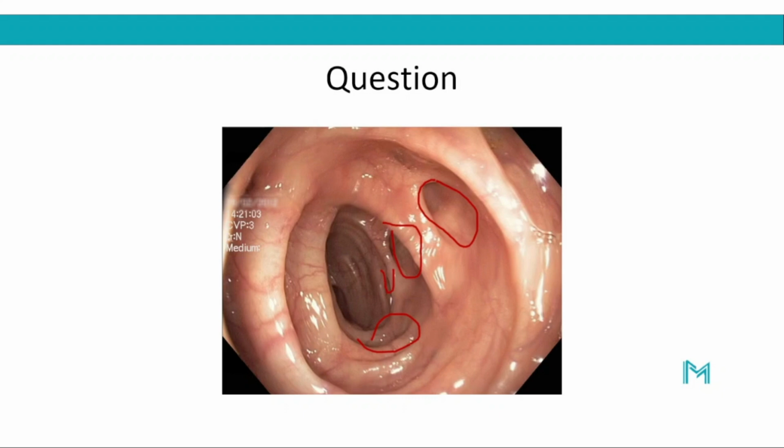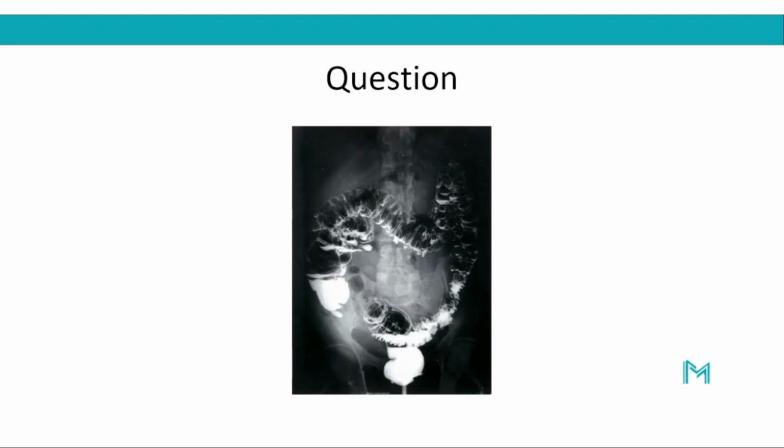Now when you look at the same patient on the barium enema, this is a double contrast enema of the same patient, you will see that you have these multiple outpouches on the mucosa of the colon as well.